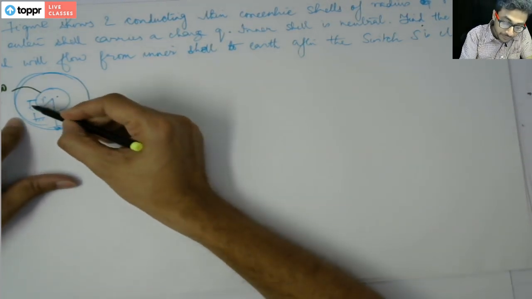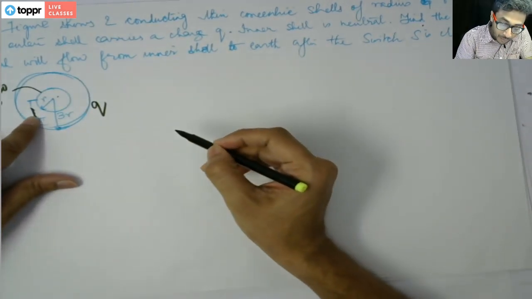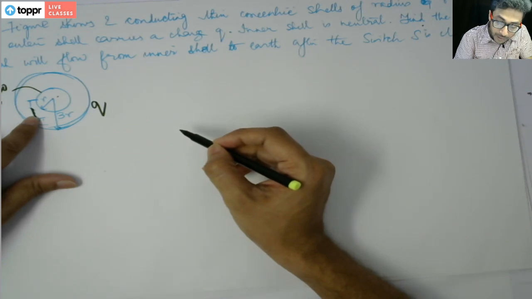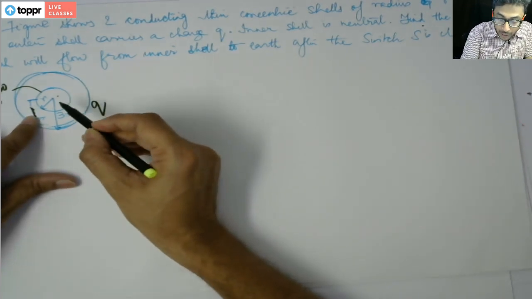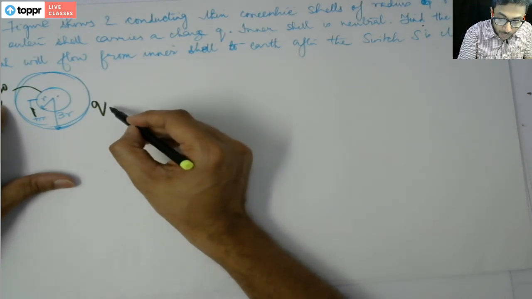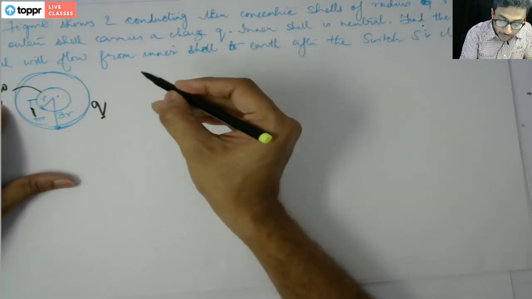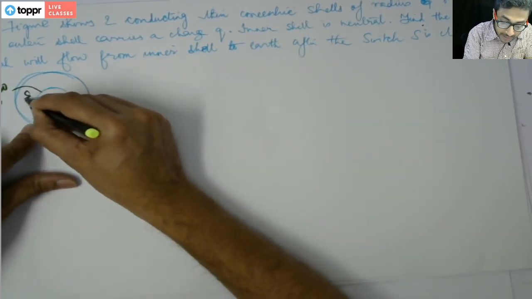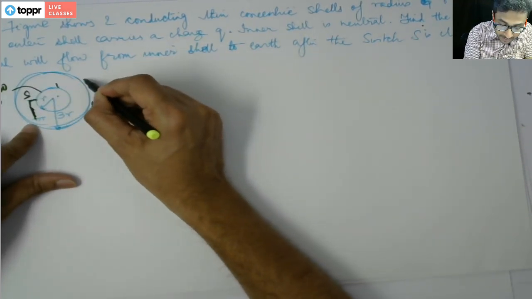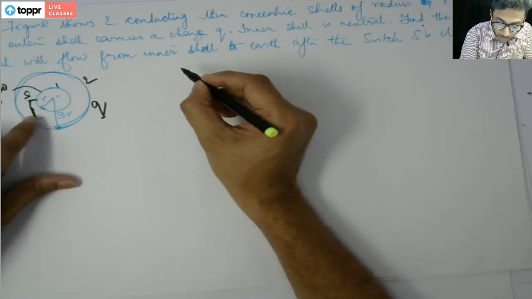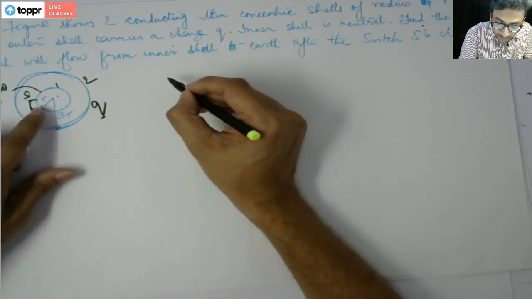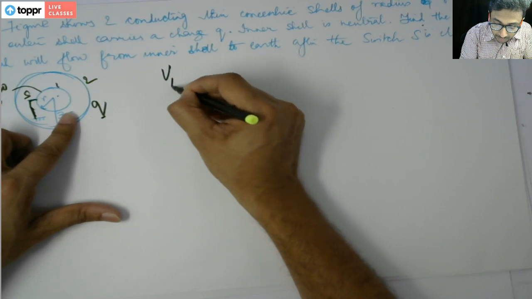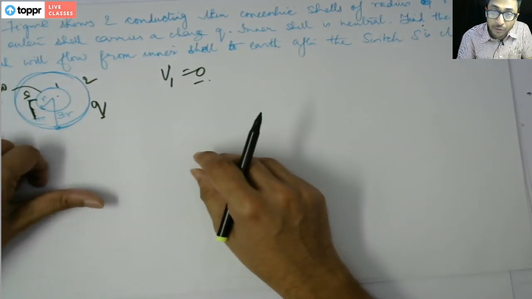Now see, when switch S is closed, this is Q equal to 0, this is Q. When the switch S is closed, say this is 1, this is 2, then what will happen? The voltage at 1 is 0.